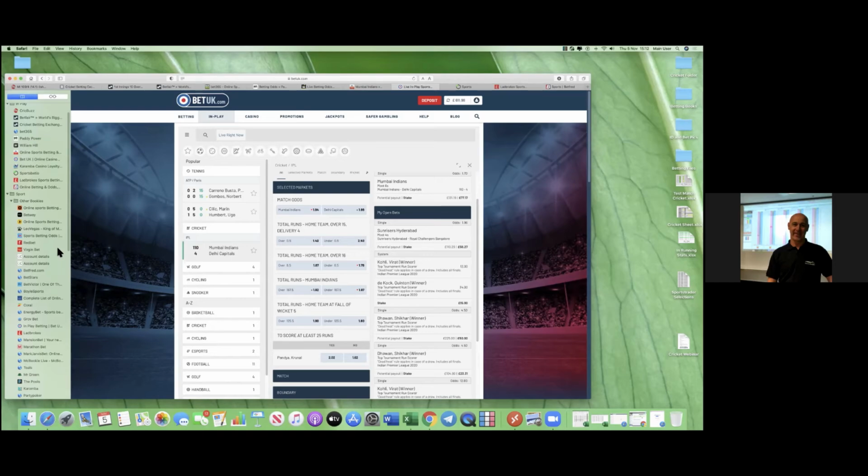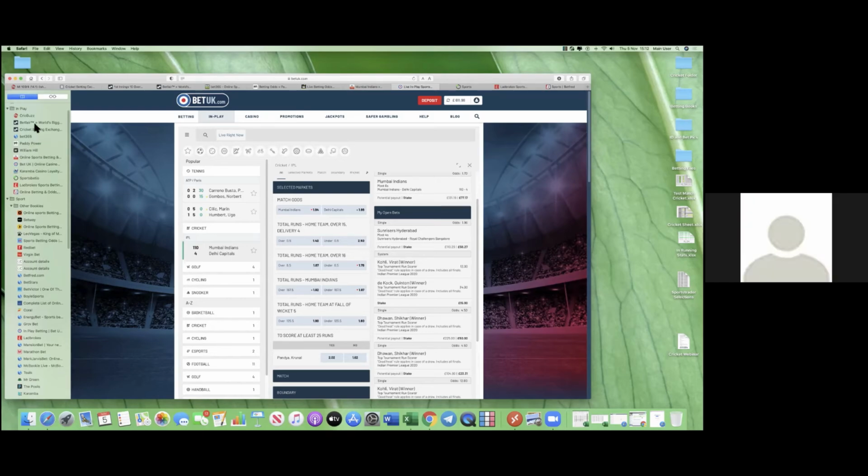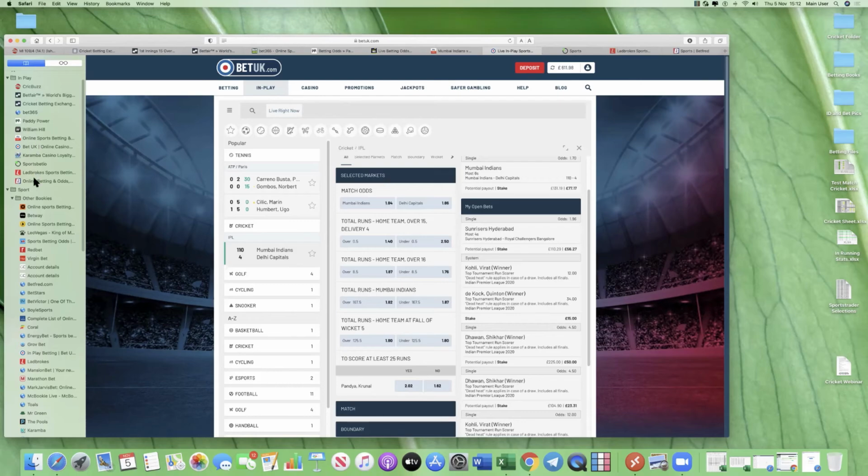You go ahead, Tone. Yeah, like I say, these ones I've got on my bookmarks here on the left-hand side where I've got in play. I've just got my arrow on now. A lot of them sites are the ones I use. They're most popular for cricket betting. So I've got Betfred, Ladbrokes.